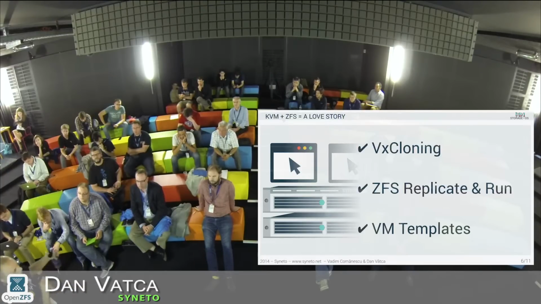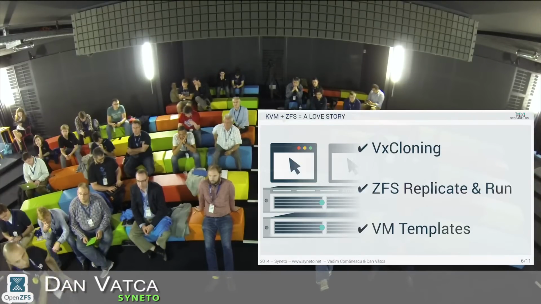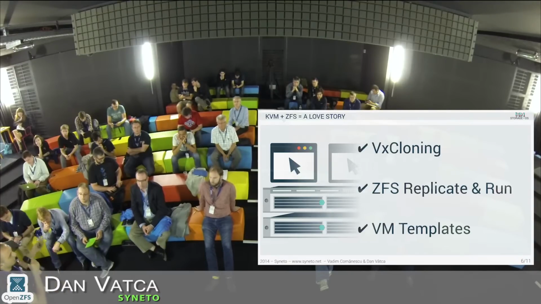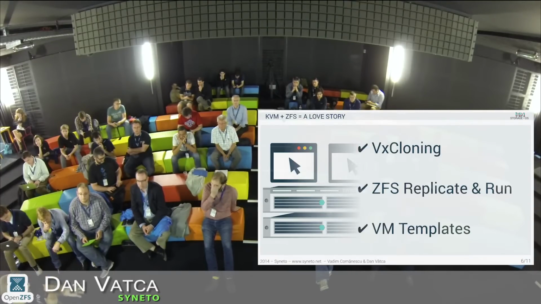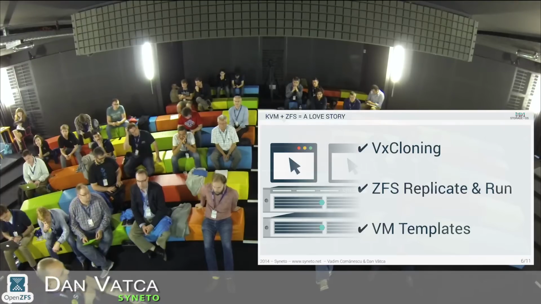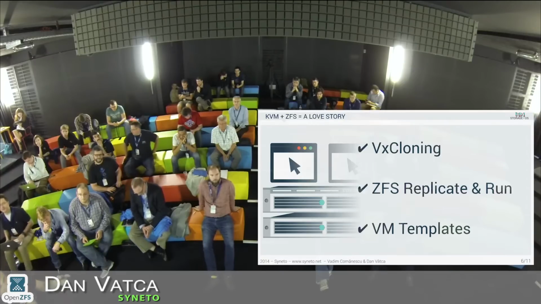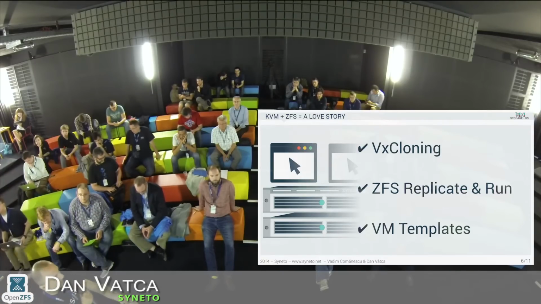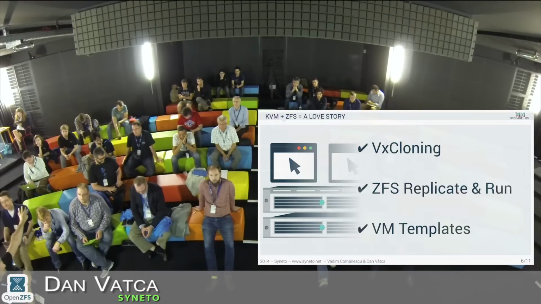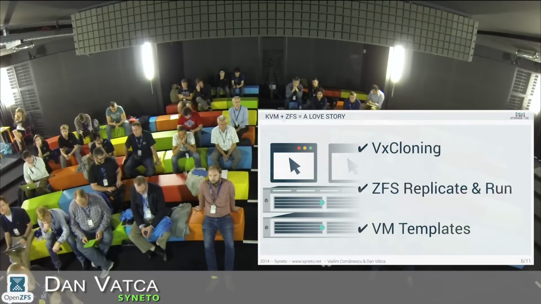It doesn't matter what you're running inside, you can deploy test scenarios, deploy virtual desktops, very fast. And given that we have ZFS replication, we can also replicate the virtual machines and run them where they arrive, on the disaster recovery side. The interesting thing is that if the other side is also a Syneto appliance, you can run the appliance there if you have a total disaster on the side that you're sending from.